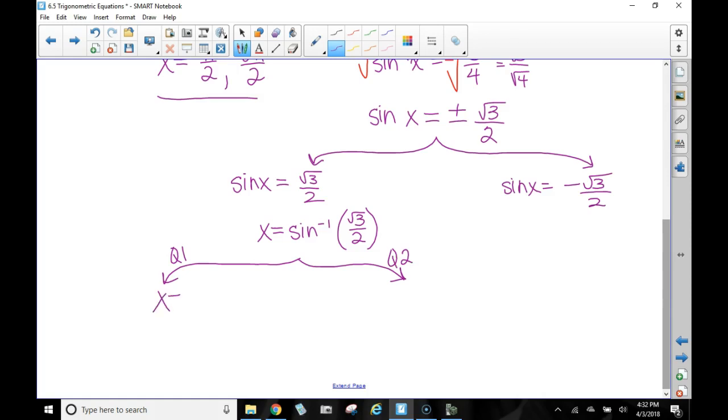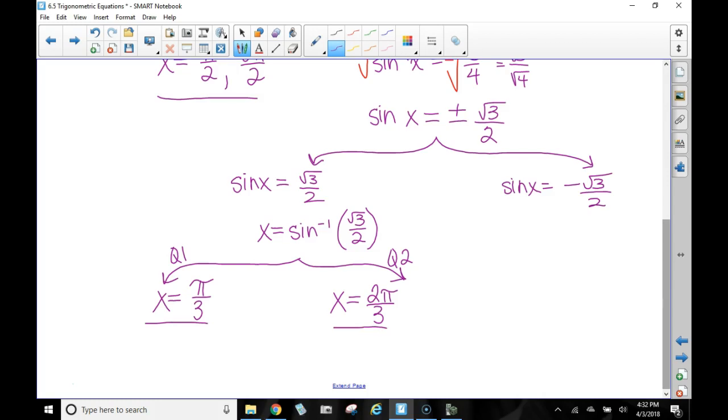So the angle that has a sine value of square root of 3 over 2 is pi over 3, right? 60 degrees. And in quadrant 2, the one that has a reference angle of pi over 3 is going to be 2 pi over 3. All right, there's an answer.